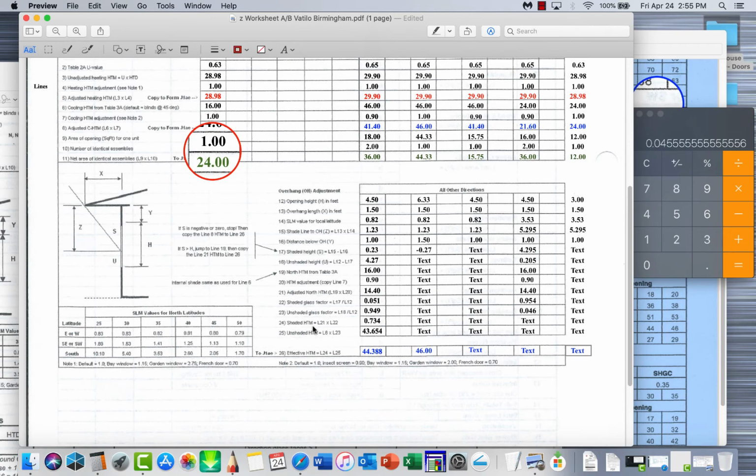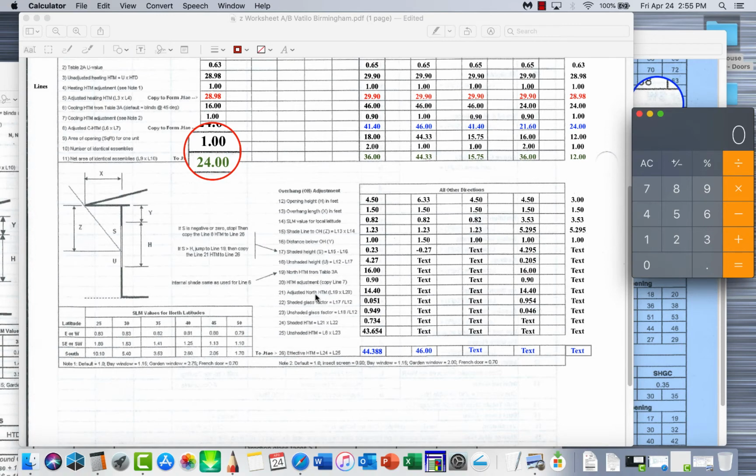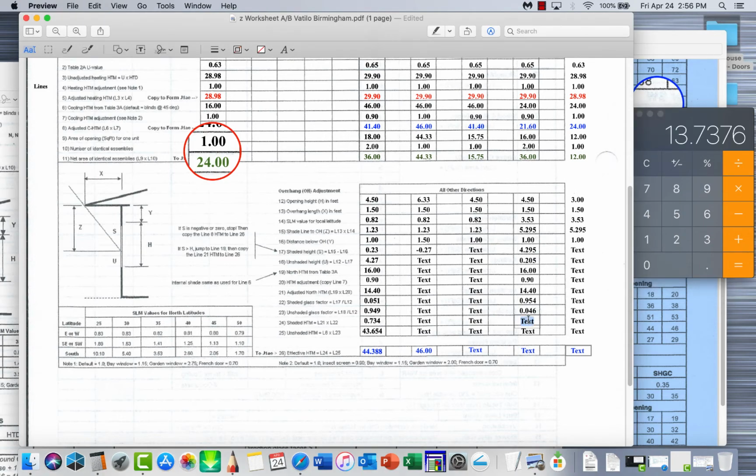Okay. And finally, line 21 times line 22. Line 21 is right here, 14.4 times line 22, 0.954. We end up with 13.78. Oh, I'm sorry, 13.738.